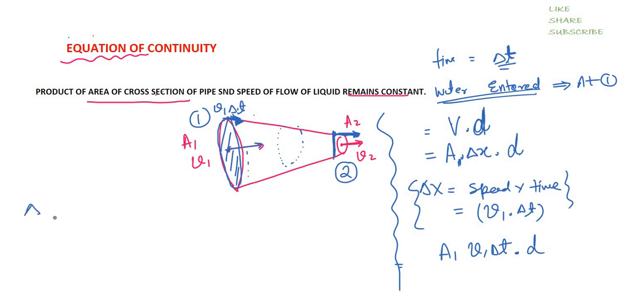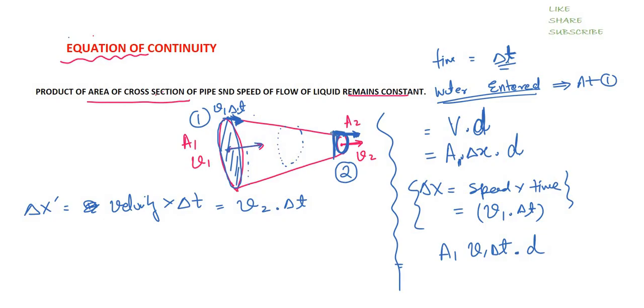The distance traveled del x will be velocity into time within this duration. Velocity is V2 at this point we are observing and time duration is del t. So this is the distance traveled.